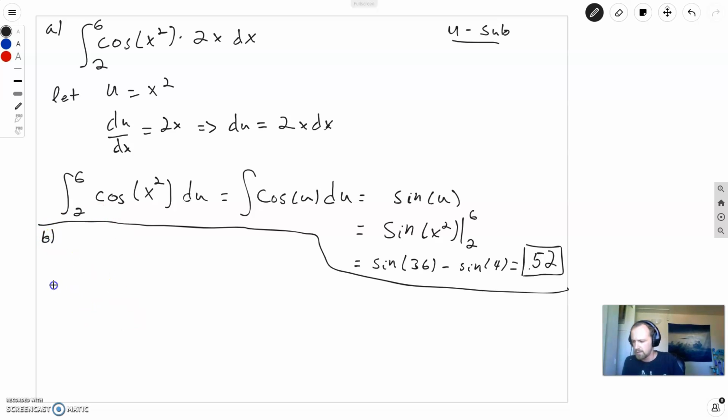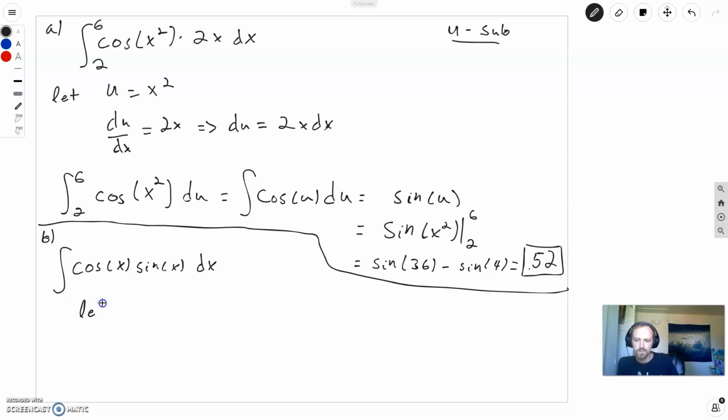Part B is the integral of the cosine of x times the sine of x dx. Now the derivative of sine is cosine, right? So once again, this is suggestive.